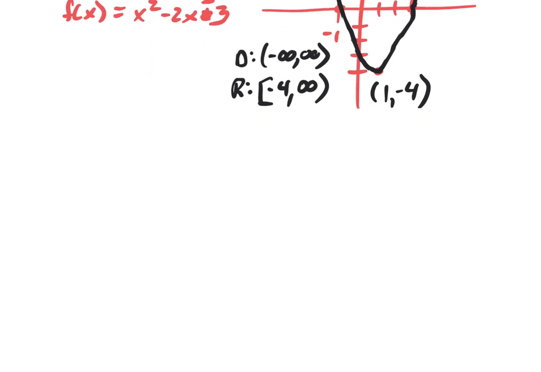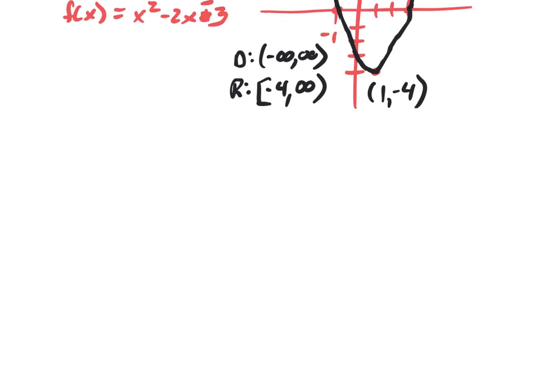Okay, the last type of graph has a degree of 3. So an example of a degree of 3.